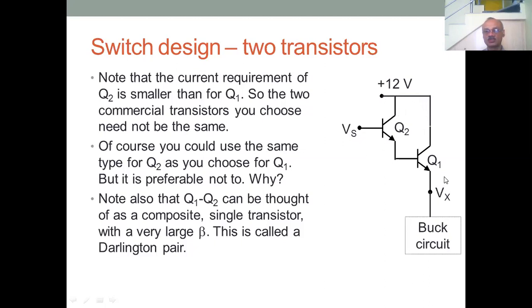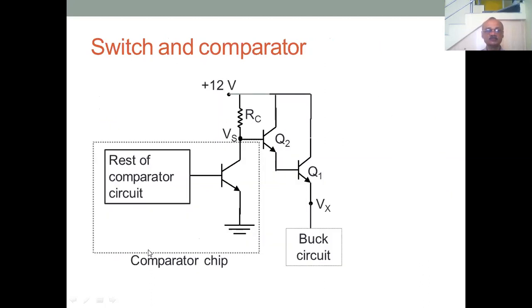So this composite behaves like a transistor with a very large beta. From here to here, the beta is basically the product of the betas of Q1 and Q2. And so this is often called a Darlington pair, named after a person called Darlington who first thought of this idea way back in the 50s.